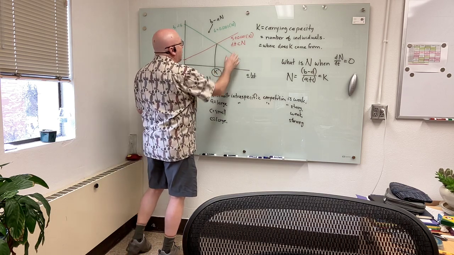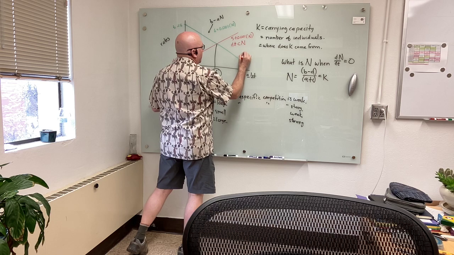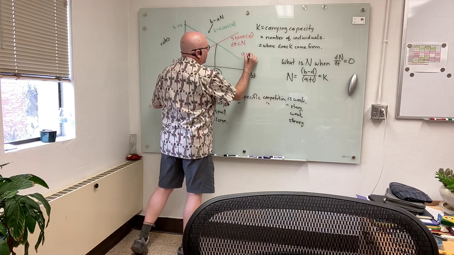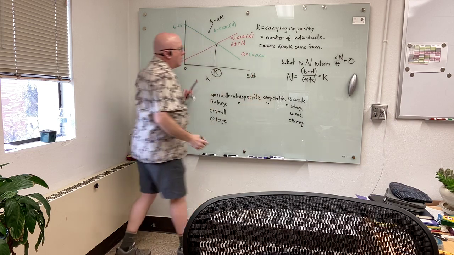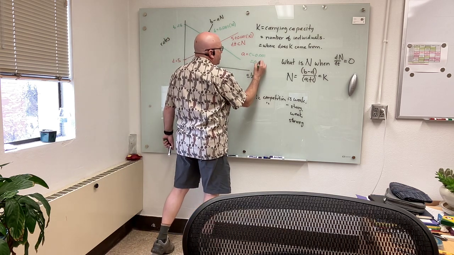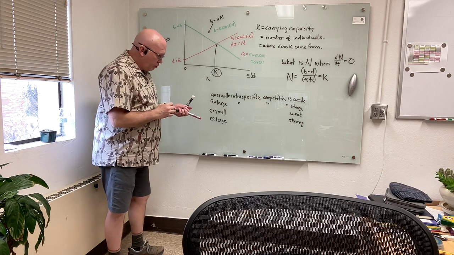Let's say that instead of having A and C equal 0.001, we have them equal 0.01 instead.